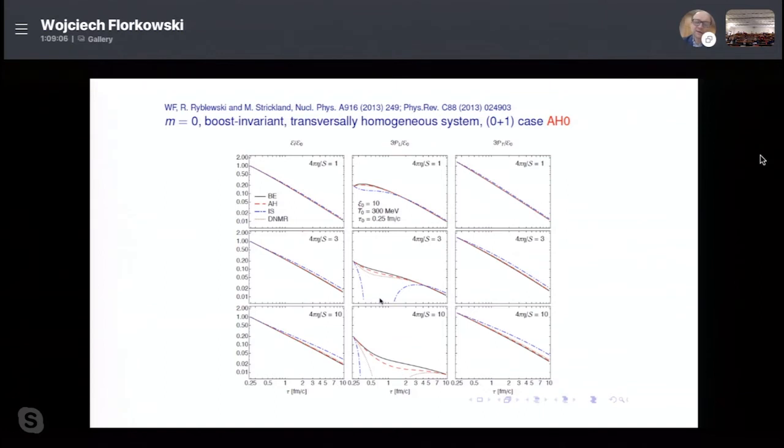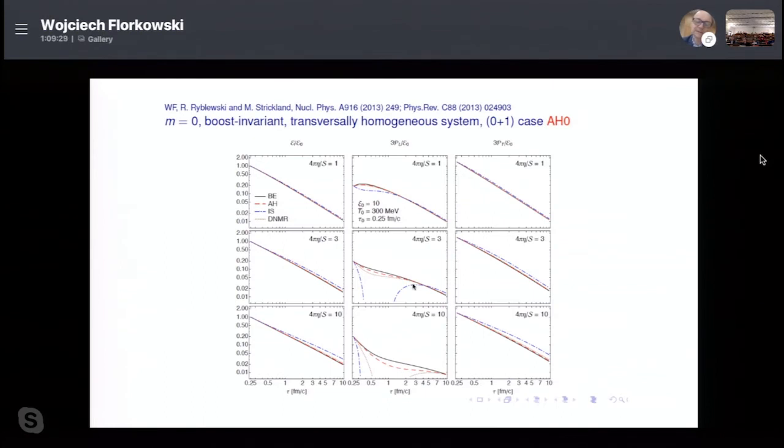But on the other hand, you see that the DNMR framework is much better. It's closer to the exact solution. A-hydro works the best in this case because it never gives you problems with the longitudinal pressure, and it's close to the exact solution.